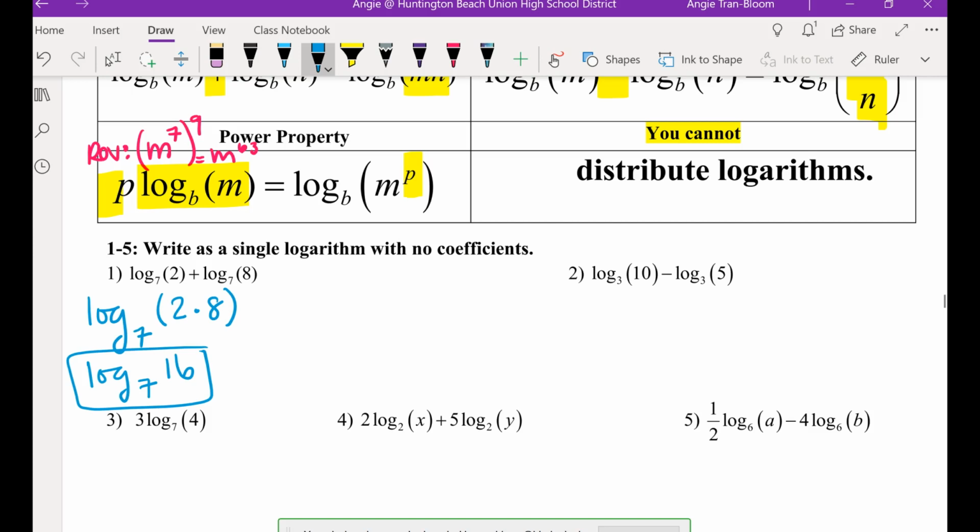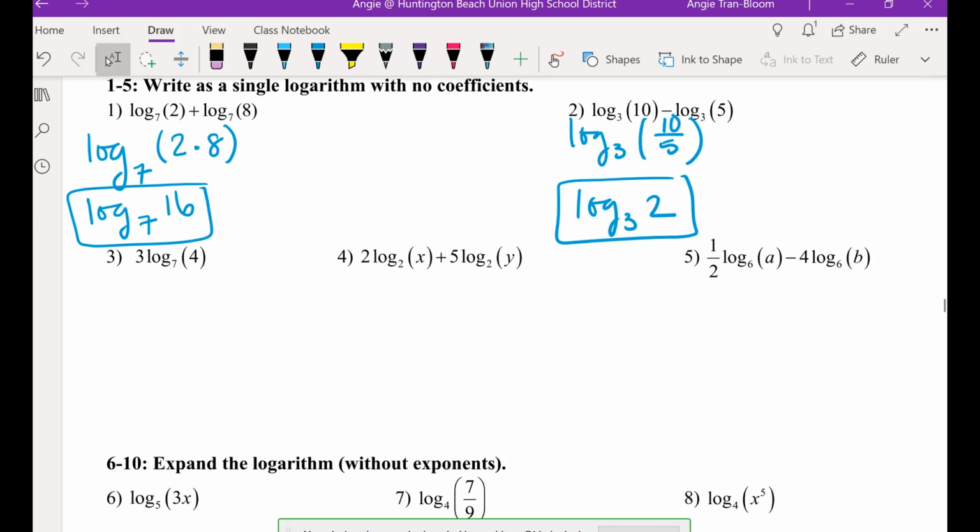Oh, there you go. Emma P, final answer, please. It's a subtraction of log, so what did you guys do? Divide. 10 divided by 5. Perfect, good job.